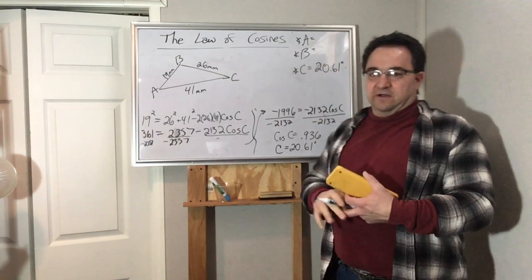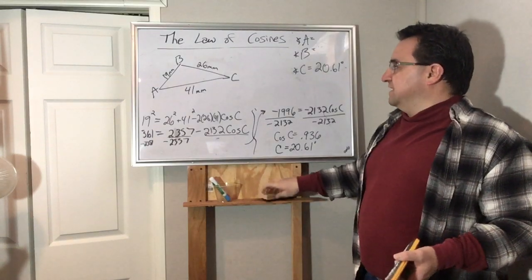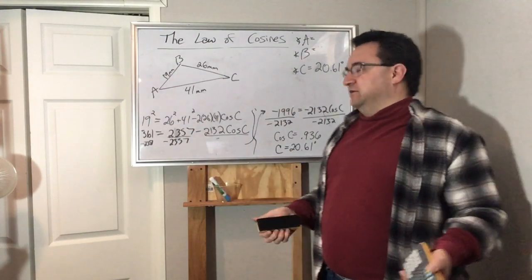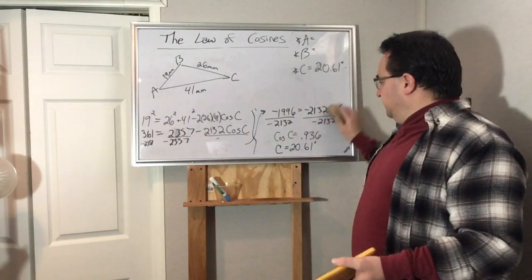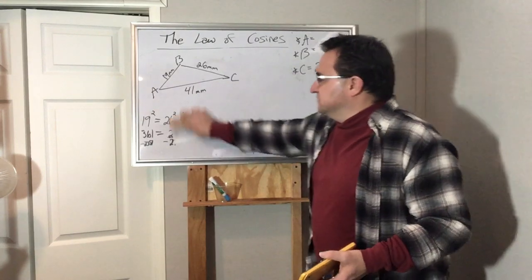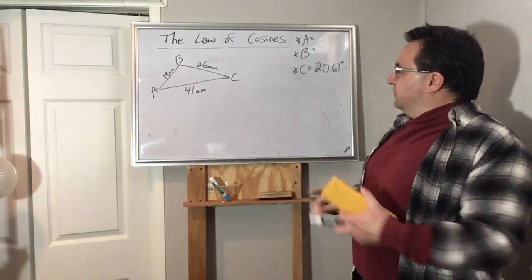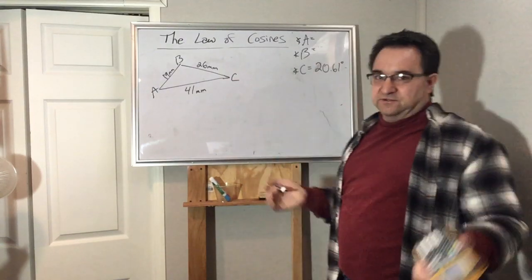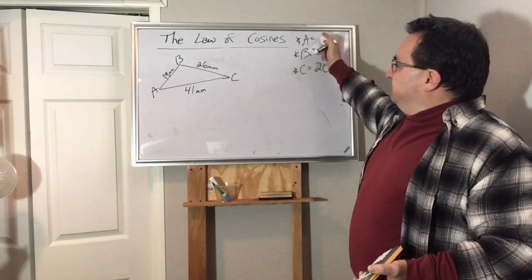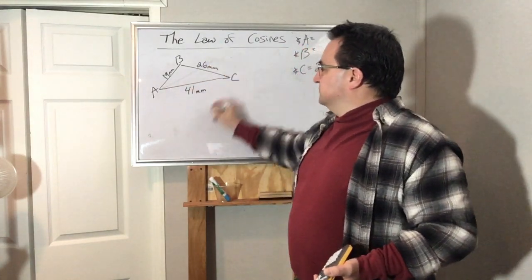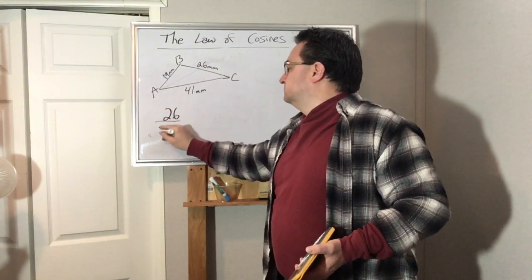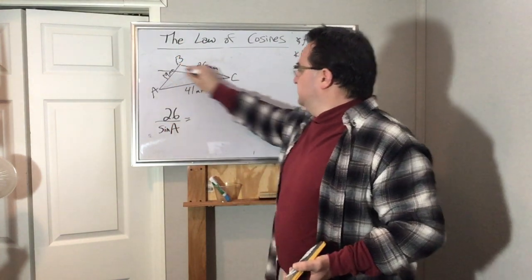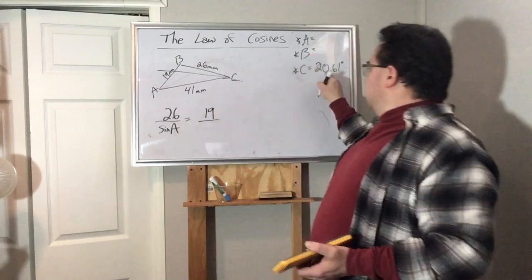Now, like in the last problem, you only have to use the law of cosines once. We could do this whole thing again for A or B. You'd want to do it for A because it's acute. But you can use the law of sines for your second unknown. So I'm going to go with B, because, no, A. I want to find the acute one. I always do that as a matter of habit. So if I want to find A, I'm going to use this opposing pair, and I found C, this opposing pair, because now I know what C is.